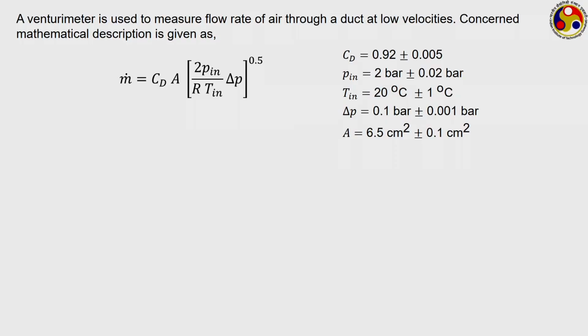And the final problem is the venturimeter problem that I mentioned earlier. The relation is given and all 5 parameters with their values and uncertainties are given. Try to calculate again the final uncertainty, but also try to check which one is going to give you the highest contribution among all the 5. In the next lecture, I shall be coming back to this problem to see how we can select the instrument.